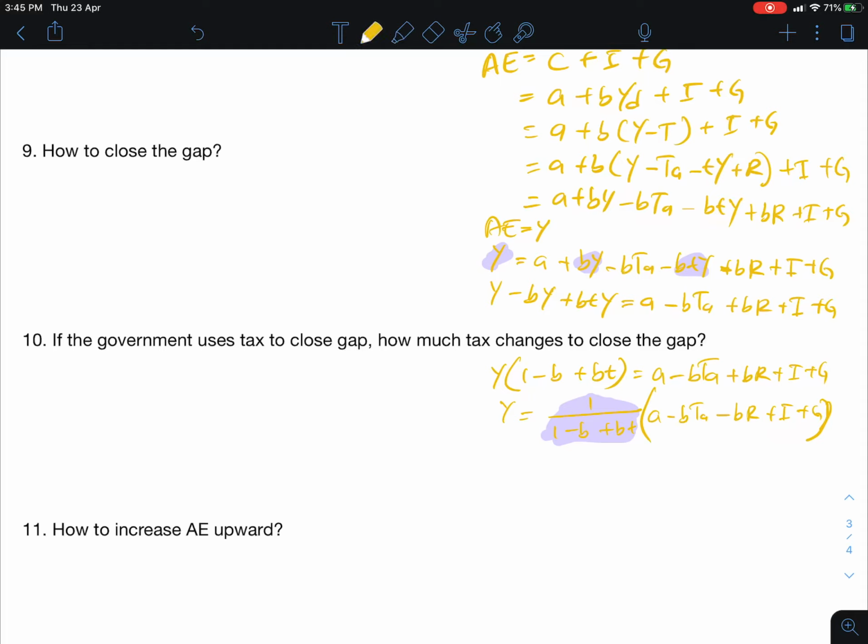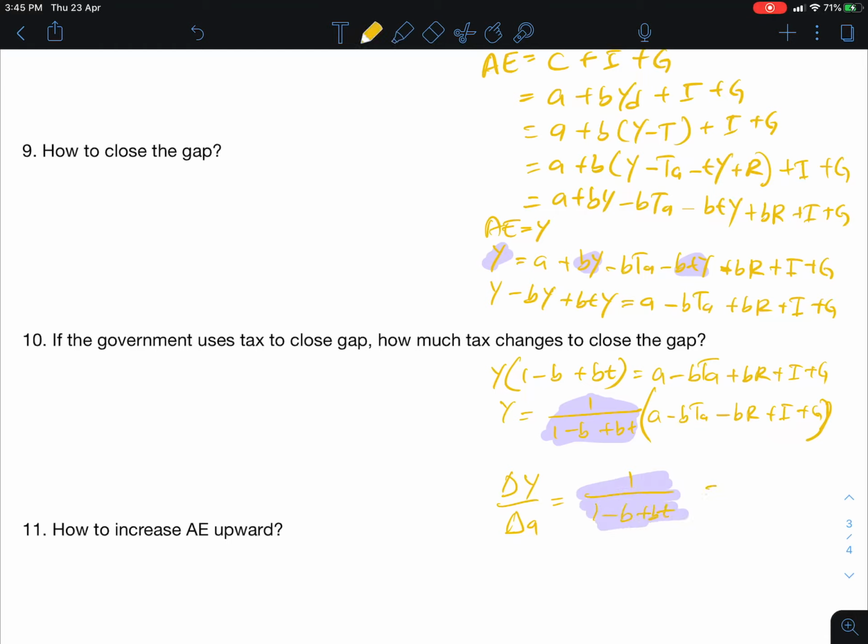So change in Y due to change in A, for example, gives you 1 over (1 minus B plus Bt). Change in Y due to change in I also gives the same. Change in Y due to change in G also gives the same, which is this one.